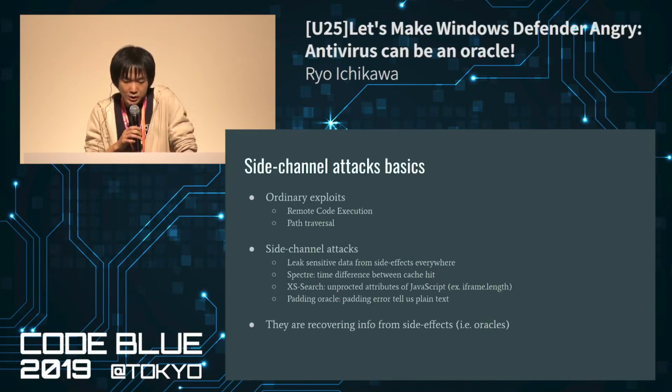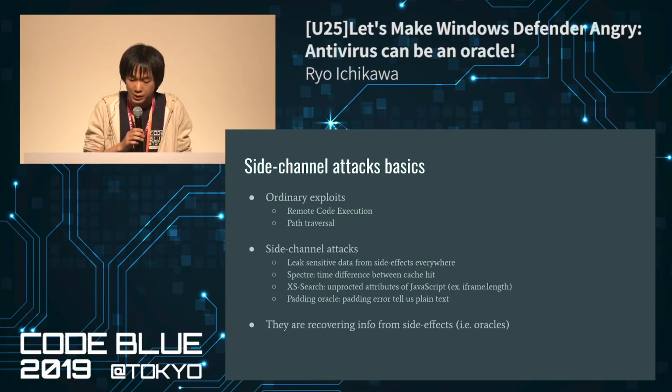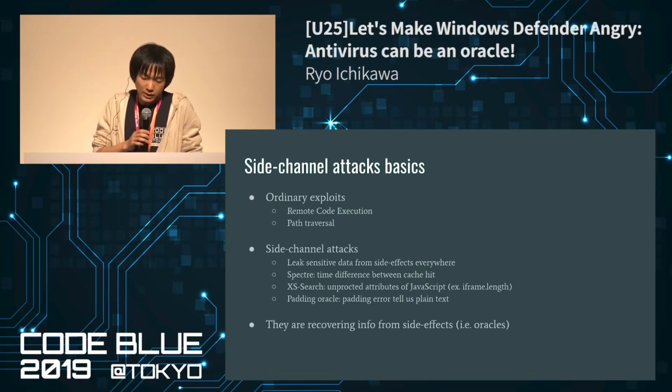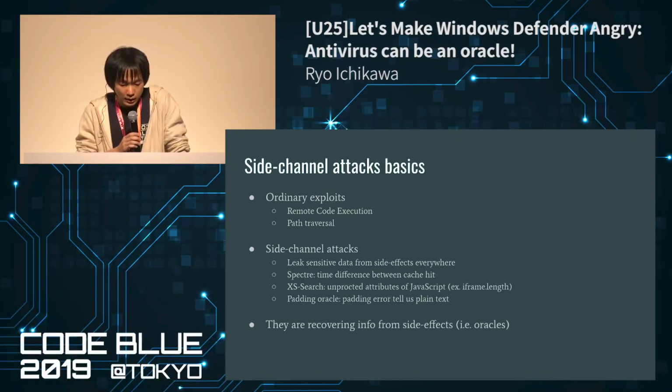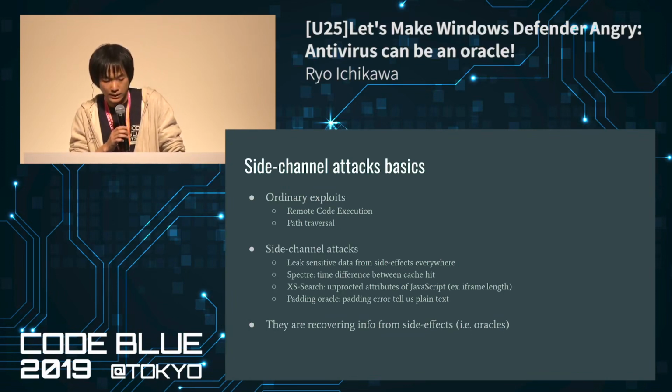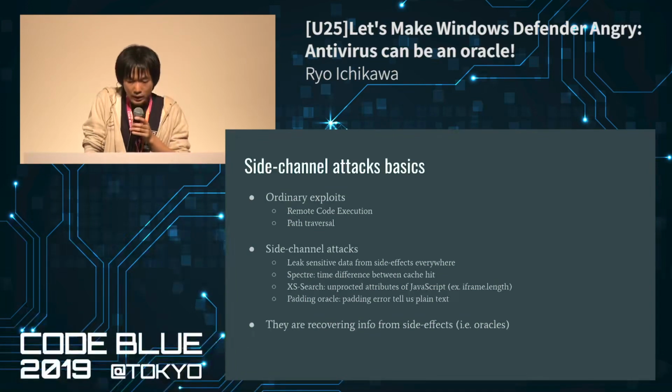So what is a side channel attack? Ordinary exploits like RCE and path traversal achieve the attack directly. But a side channel attack is completely indirect. It reads sensitive data from side effects. For example, Spectre abuses the CPU's out-of-order execution, which is for increasing execution speed.